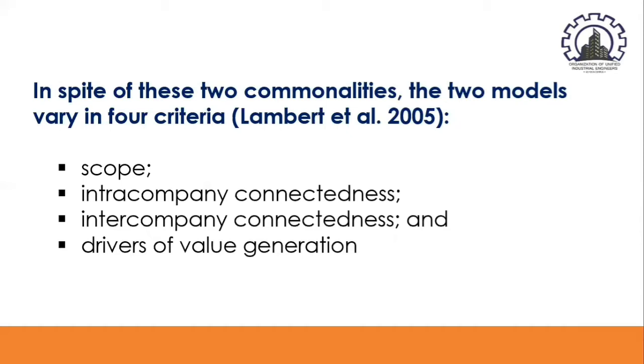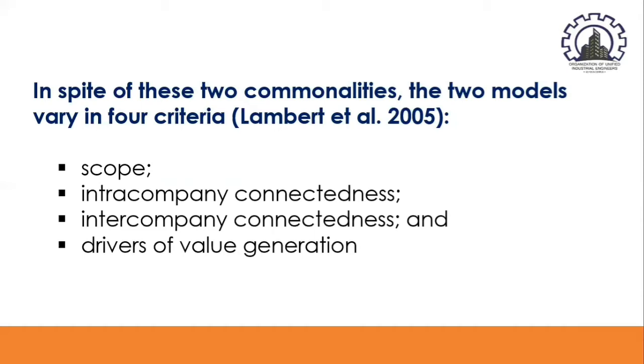Now, in order for us to better understand each of these criteria, let us discuss them one by one, starting with scope. So if we say scope, this refers to the extent to which the adapted model can support corporate strategy. And if we say intra-company connectedness, it refers to the degree of formal and informal contacts between employees of different functional departments.